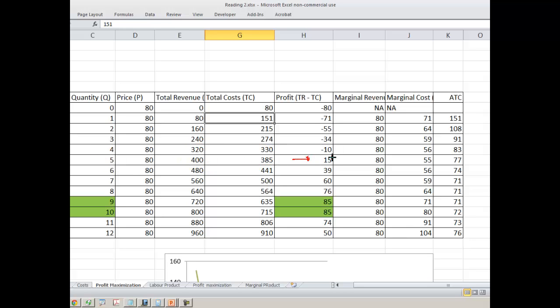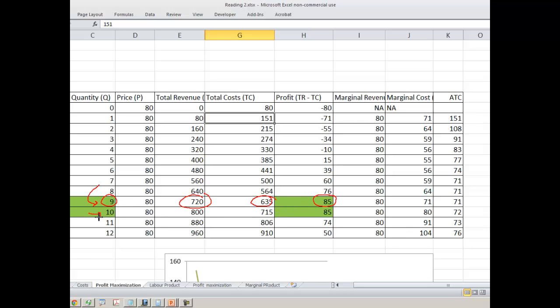So this is the first time the company has come into profit. They should not produce these earlier quantities, as the firm will be in losses. But as you increase the quantity, you see that your profit is increasing. If you bring the quantity to 9, your revenue is 720, your cost is 635, your profit is 85.